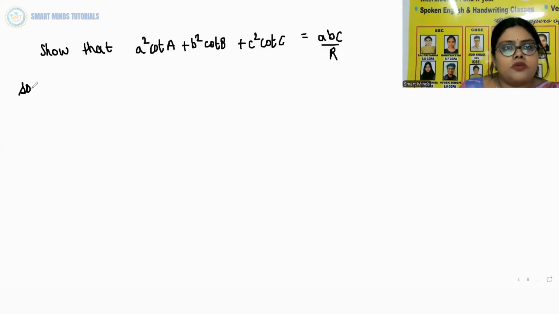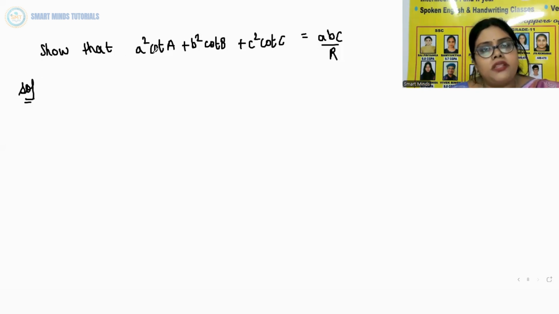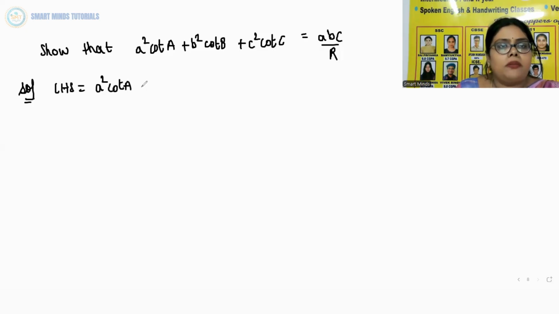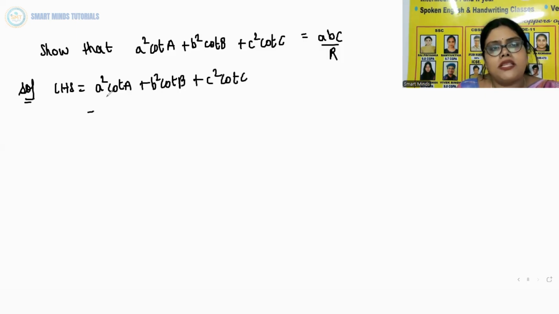Now take the next question. Show that a square cot A plus b square cot B plus c square cot C is equal to abc by R. So in these three terms, let us first write the LHS. LHS is a square cot A plus b square cot B plus c square cot C. Now you can see these three terms are in order.